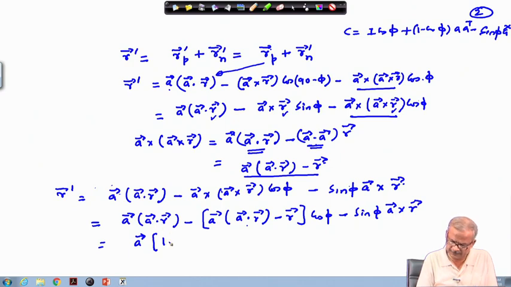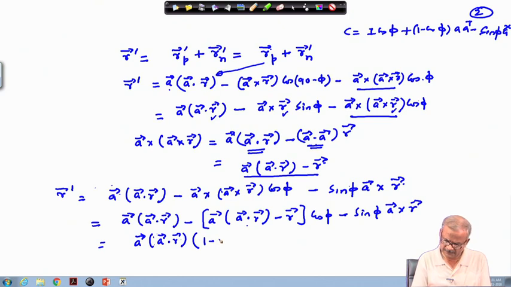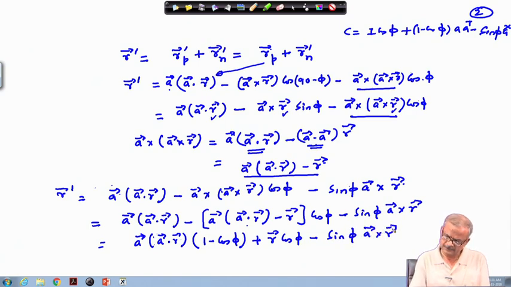So, this is a scalar quantity. So, that becomes 1 minus A times A dot r times cos phi. So, we take it outside the bracket, this is A dot r times 1 minus cos phi, and here we are just left with plus r cos phi minus sin phi A cross r.